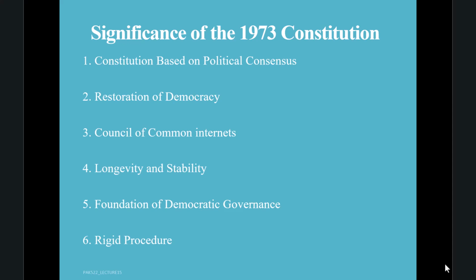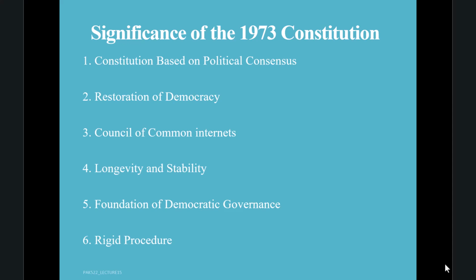The 1973 Constitution has remained the basic legal framework of Pakistan for more than 50 years. Although it has faced periods of suspension during military rule, it has also been restored as the central governing document. The Constitution has been amended several times to address changing political needs.